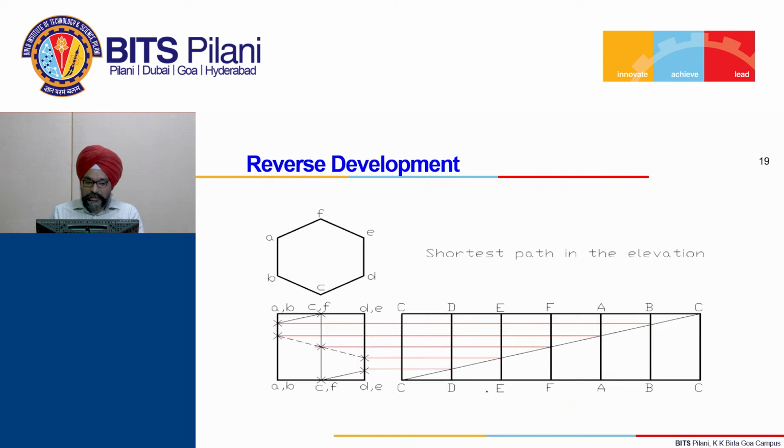You can see here, those points have been transferred at respective edges. For example, C to C is anyway there. So, B to this point is there on B, and next is on A, which I have transferred, then it is on F, then E, then D, then again C.